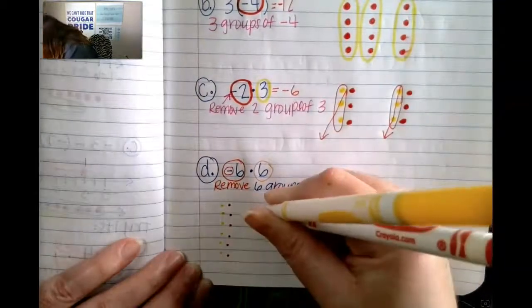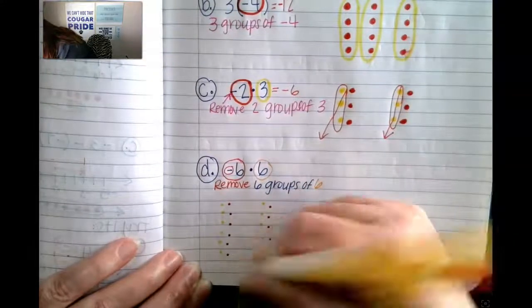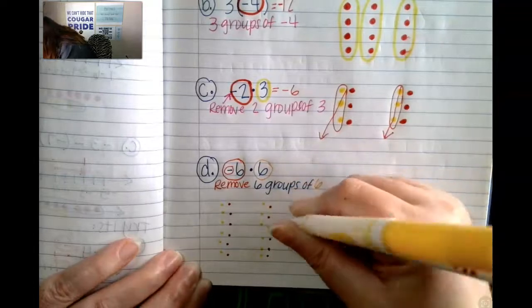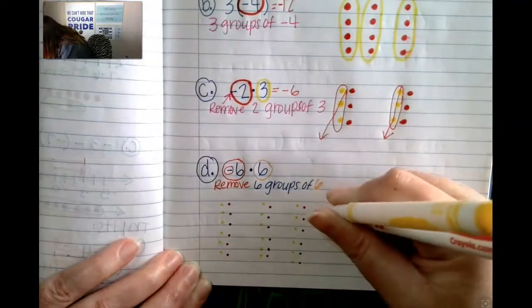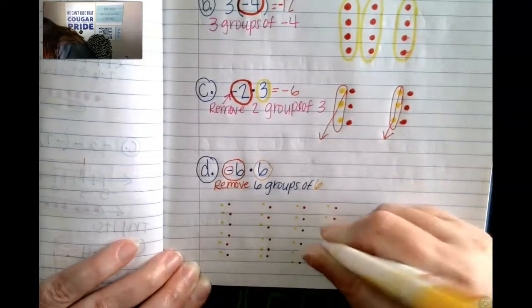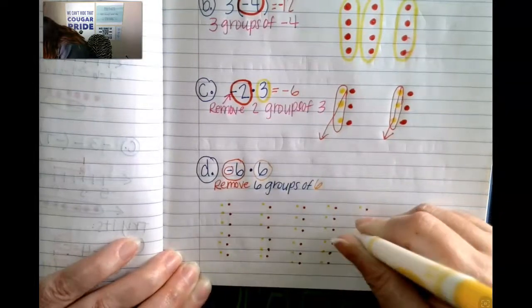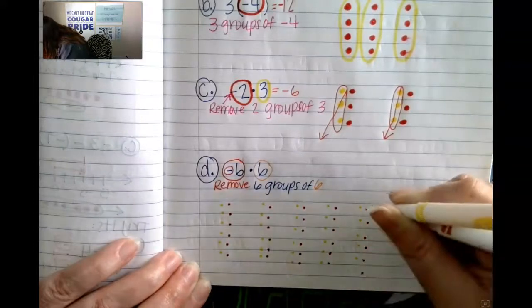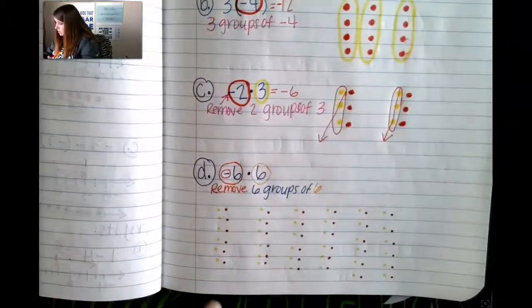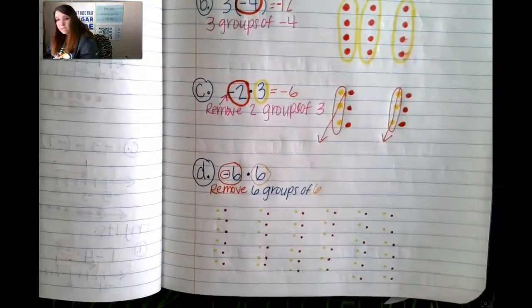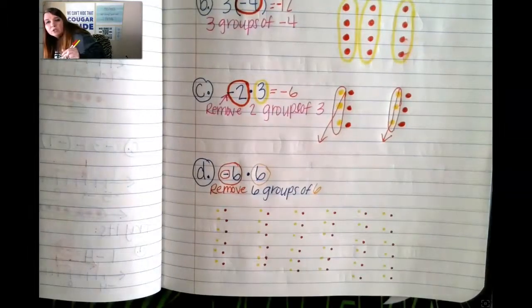That's one group. 2 groups. Okay, so I have 6 groups of 0 pairs right here.